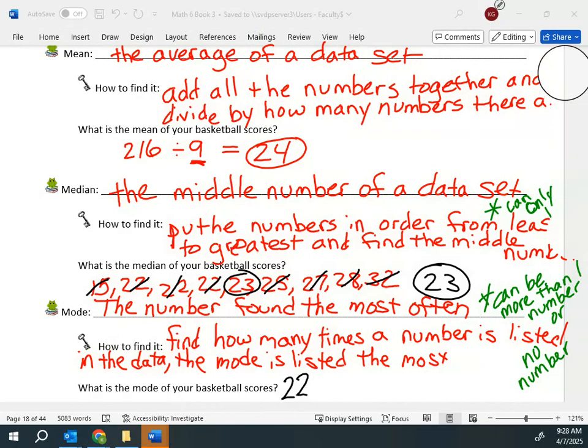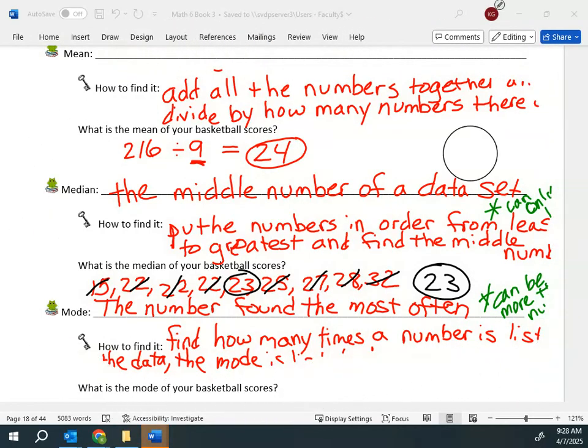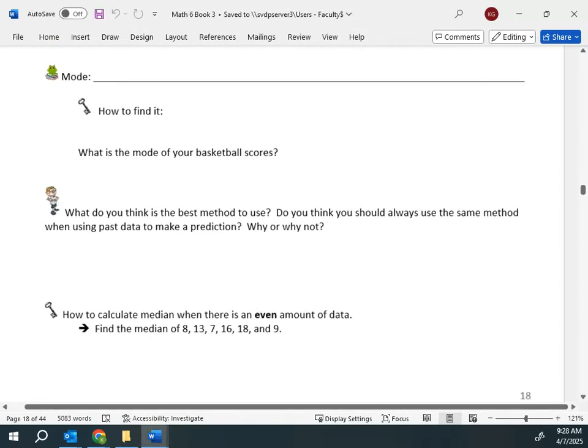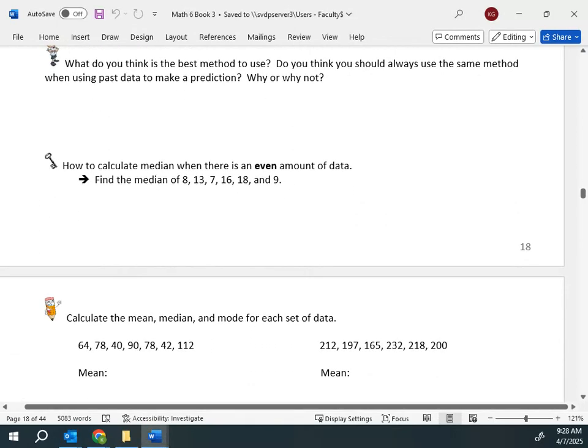All right. What do you think, looking at that mean, median, and mode, which one would be the best method to use? Which one do you think you should use the most often? What do you think, Lila? The mean. Lila says the mean is really important. We should use the mean.